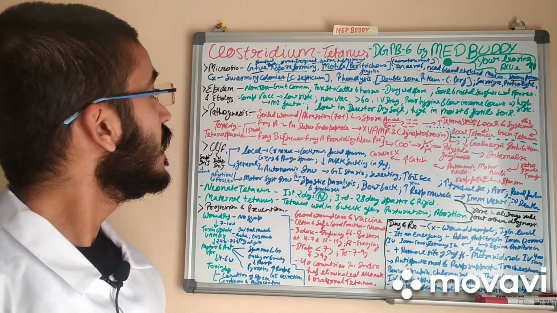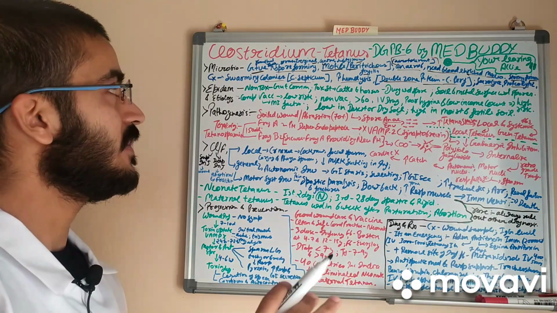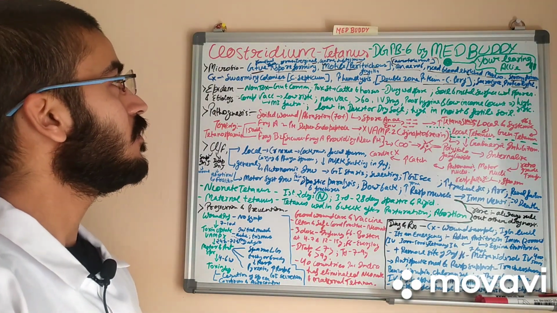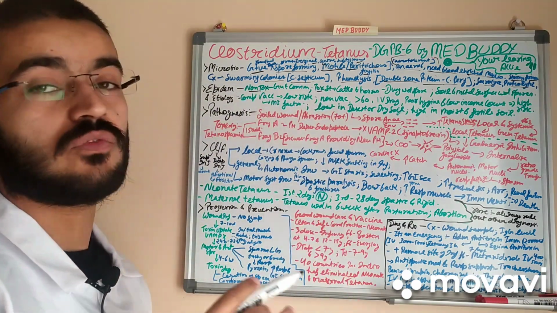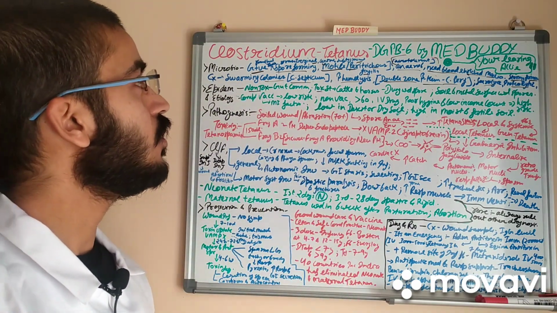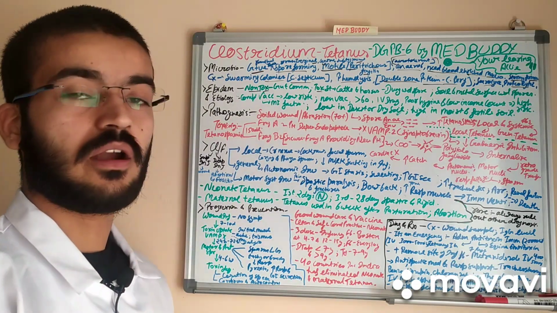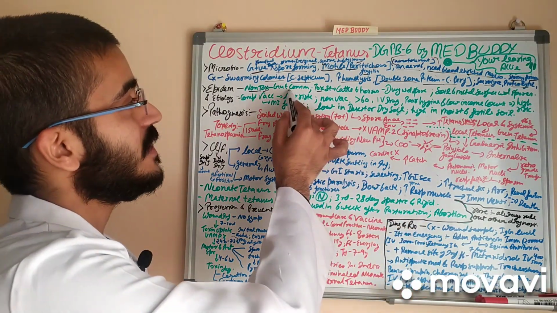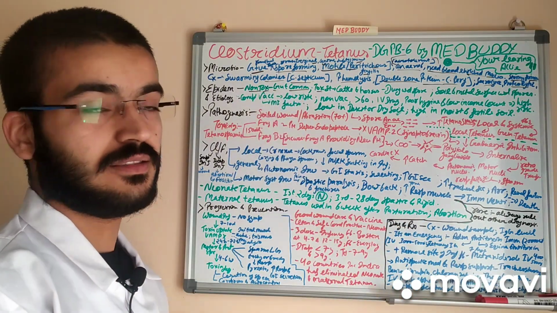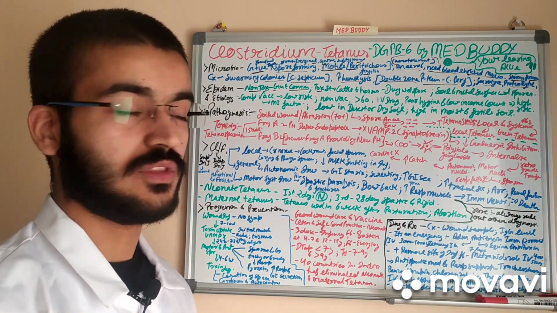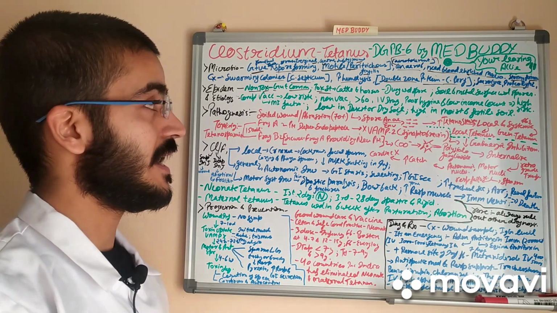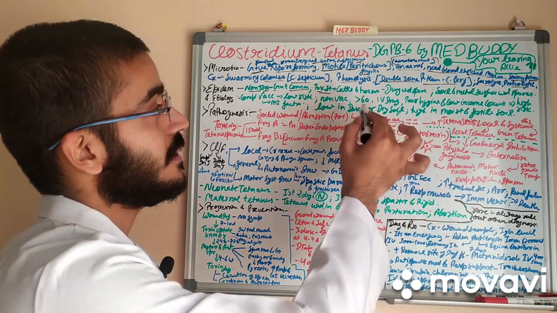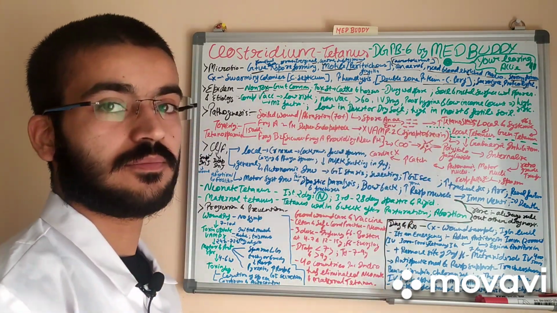Epidemiology and etiology. Epidemiology is divided based on non-toxic strains and toxic strains of Clostridium. The non-toxic strains are present as commensals in our gut. They can be normal inhabitants of the gut, but the toxic strains can also be inhabitants, but in cattle and horses.